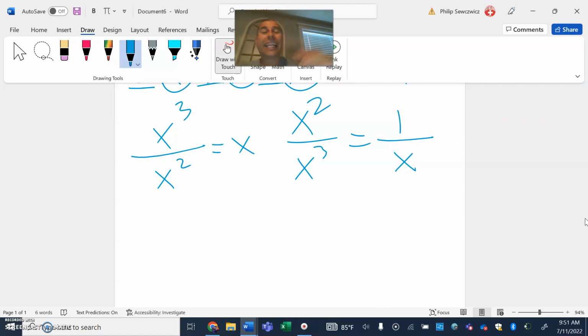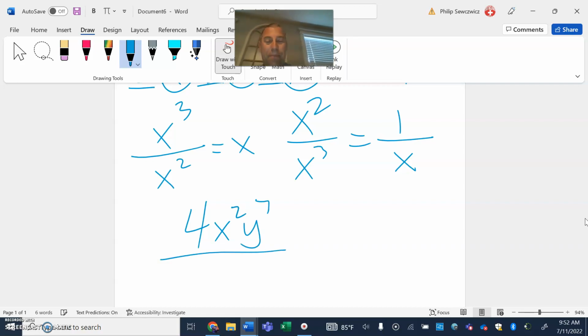Now, bring in your coefficients. And again, they get treated differently than our exponents do. So if I have something like 4x to the second, y to the 7th, divided by 6x to the 3rd, and then y to the 2nd power.